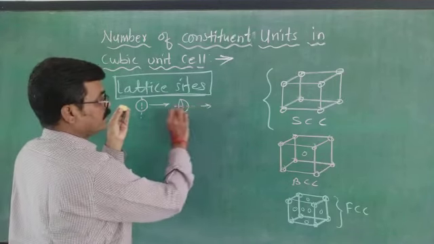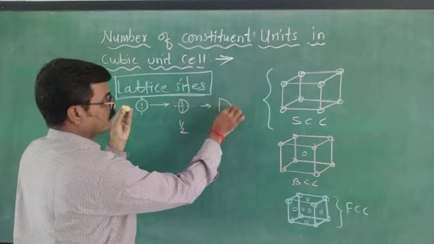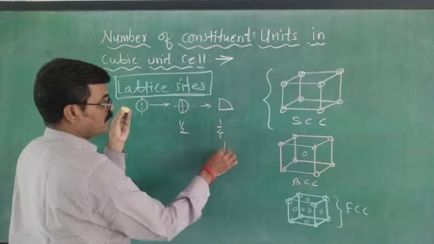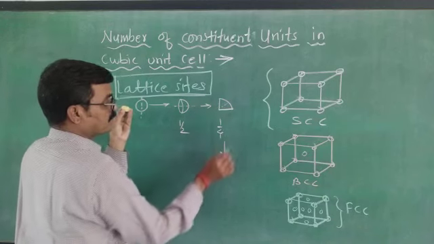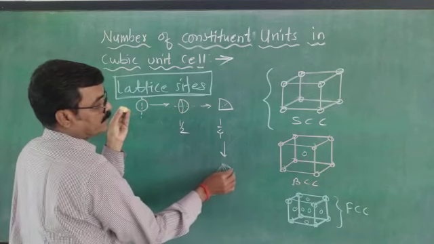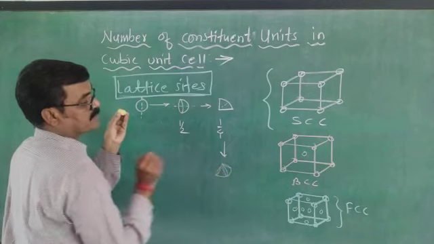Then it is cut from its half, and it gives this. It is a 1/4 portion. Again it is cut here, then you will get this. It has 3 faces.